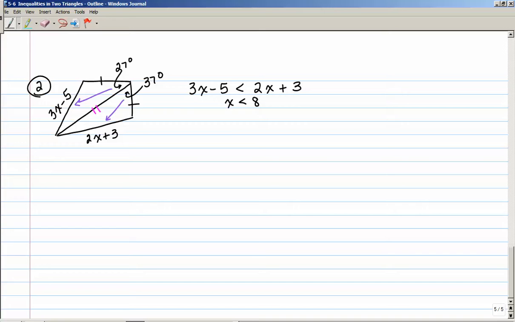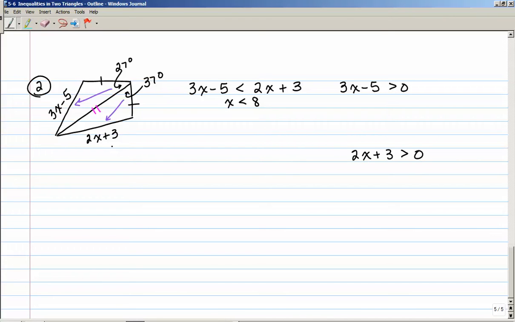But now I also have to consider the fact that 3x minus 5 and 2x plus 3 refer to the lengths of the sides of a triangle. And each of those has to be greater than 0. I can't have a triangle that has a side length of 0 or a side length less than 0. So I need to write the inequalities: 3x minus 5 has to be greater than 0, and 2x plus 3 has to be greater than 0.